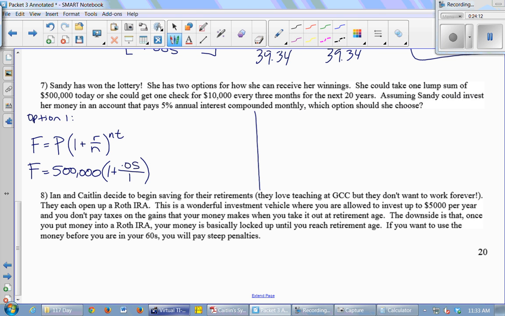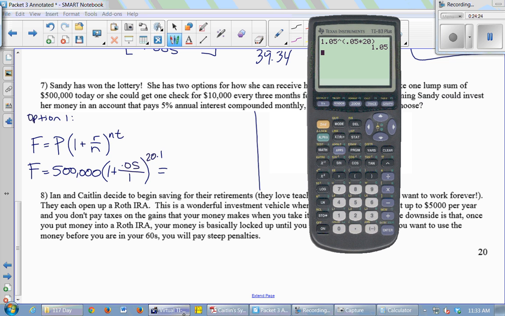That's just to the 20th. 20 times 1, right? Because n is the number of times. Okay. Silly me. All right, 1.05 raised to the 20th, and then multiply that by 500,000.